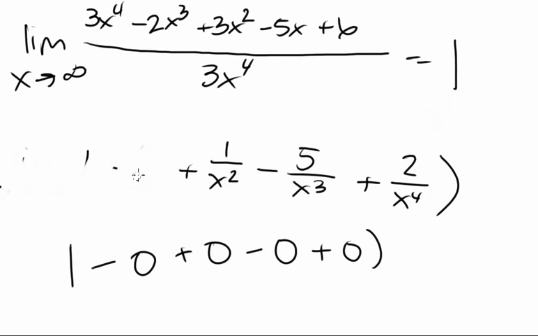And maybe I don't need to actually erase it. What if I change this to 6? Now, all of a sudden, that first term, even though it's still infinity over infinity, is 6x to the 4th over 3x to the 4th, which is not 1, it's 2. And then it makes the answer 2 as well.